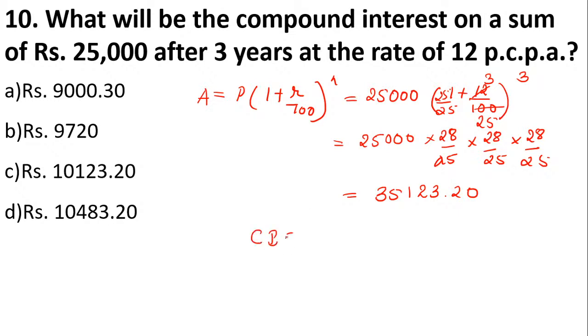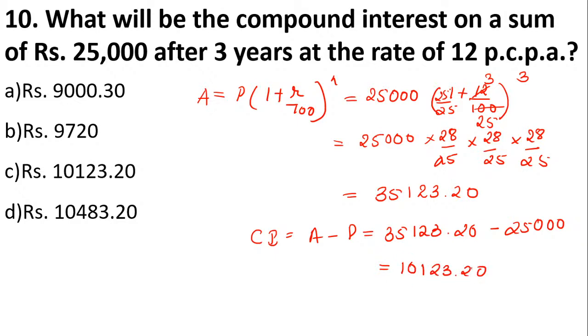The compound interest is amount minus principal, which is this amount minus 25,000, which will fetch you the answer as option C. I hope you guys got this. So here the right answer is option C.